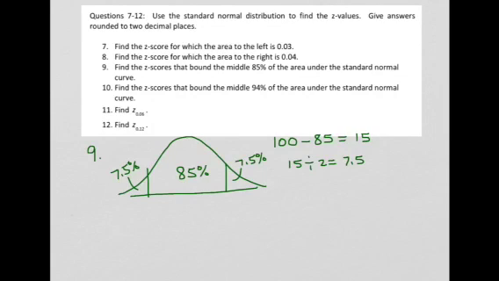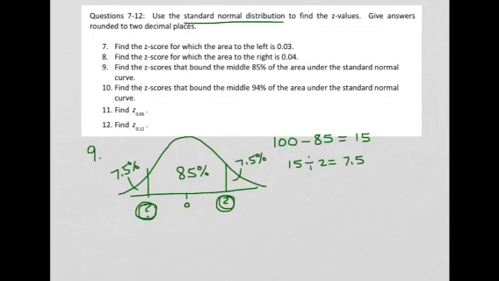So now I have 2 z-scores to find. Now here's the nice thing about this. I don't actually have to do 2 calculations because, again, we're working with the standard normal distribution, which is centered at 0, and it's symmetric. So whatever this value is, it's going to be the same as this value, just opposite in sign.